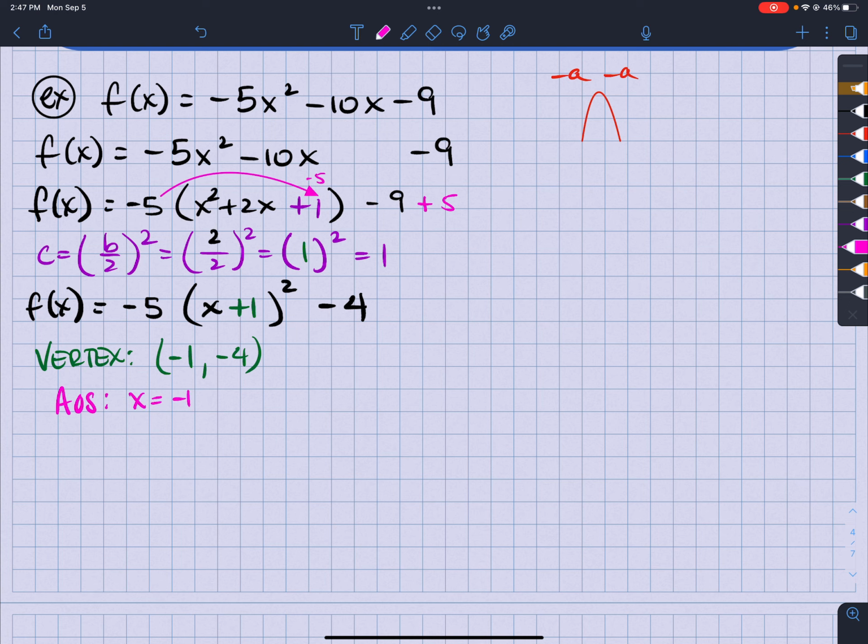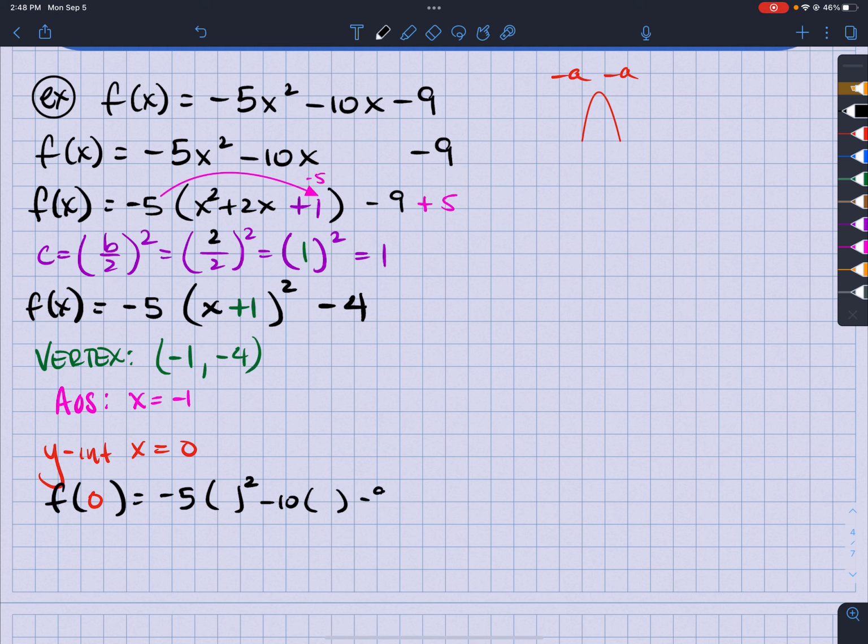All right. So let's go ahead and find my y-intercept, which I know is when x is equal to 0. So that means I have to find f of 0, which is going to be -5 times 0 squared minus 10 times 0 minus 9.